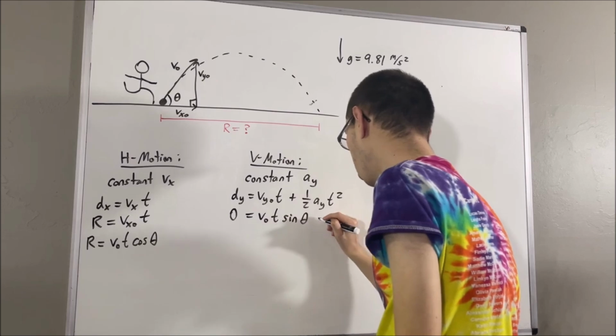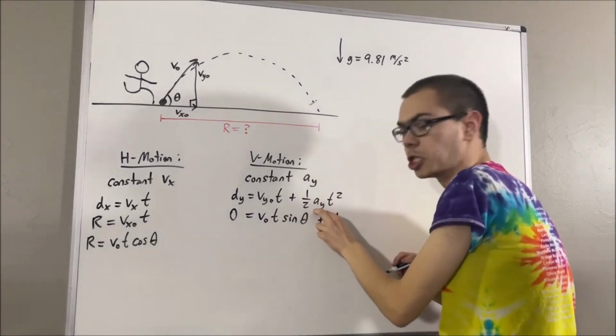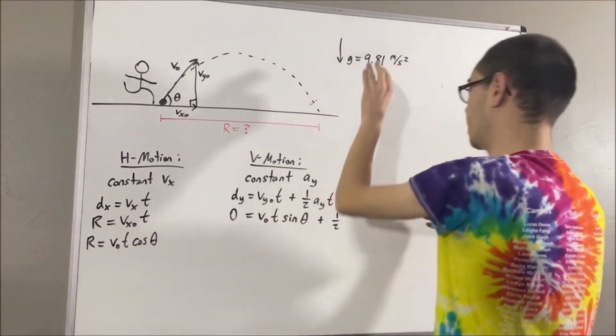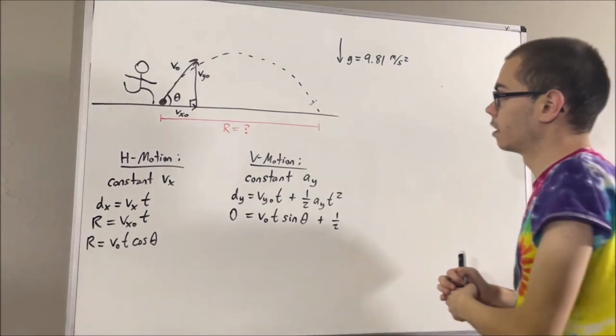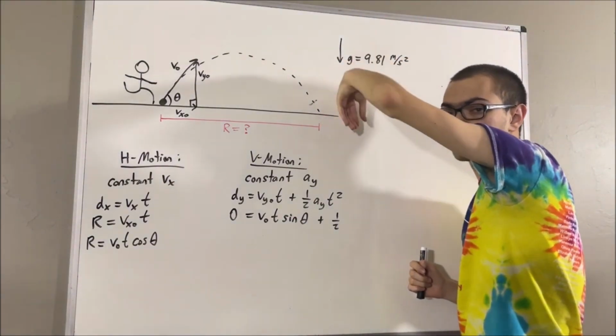And then what do we get over here? Now, Ay is just the vertical acceleration, and in this case, the acceleration is the acceleration due to gravity. Since the acceleration is pointing downward, that tells us the acceleration is negative.